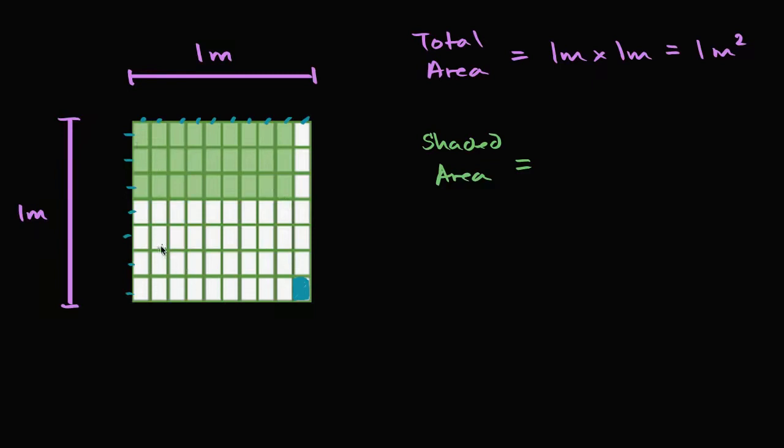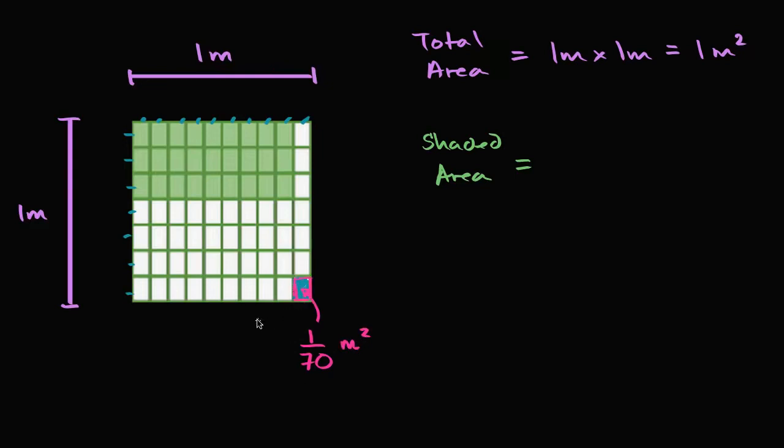Our entire whole is divided into 70 equal sections that we see in these rectangles right over here. So this one right over there is 1/70th of the entire area. So 1/70th of 1 square meter, which is just going to be 1/70th of a square meter. That's just one of these rectangles.